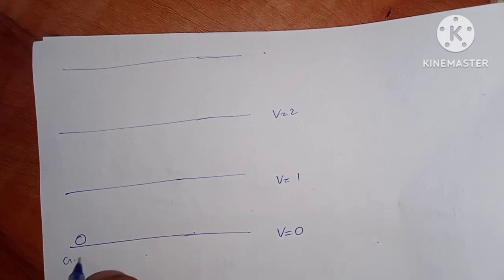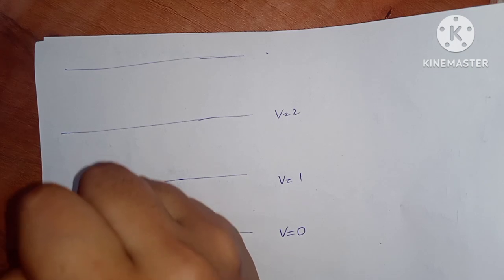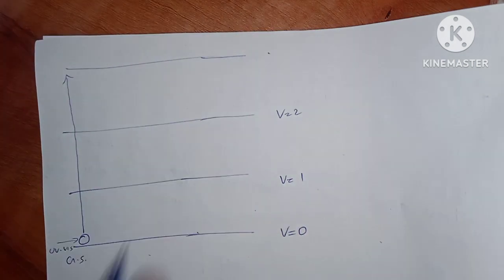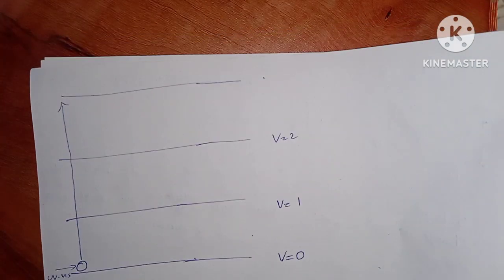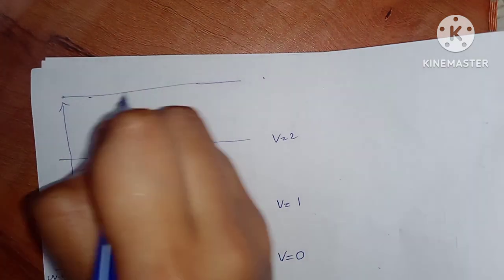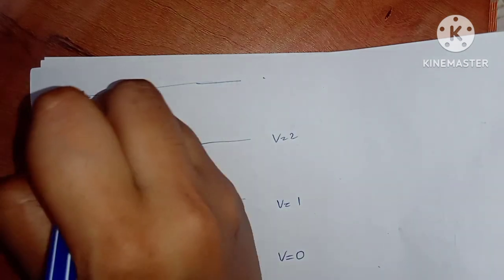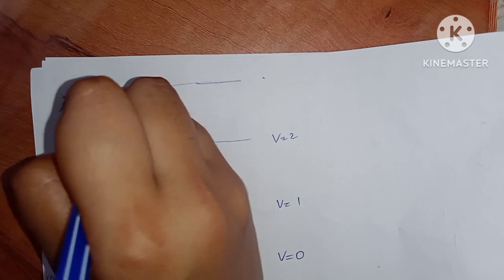If we give some energy, that is UV visible radiation, it absorbs that energy and goes to some higher level, and immediately comes back. They stay in that higher level for a very short period, so we consider it a virtual level, an imaginary level.